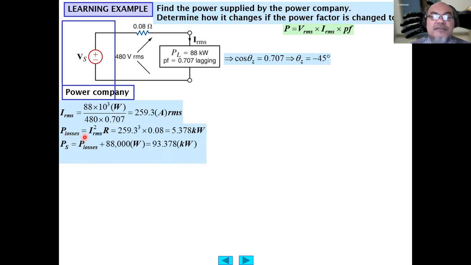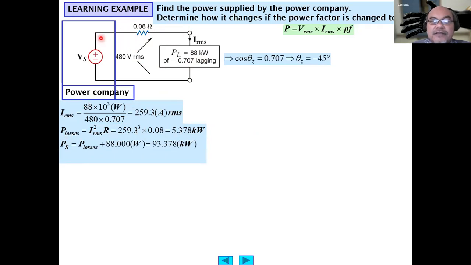So the P losses, the losses in the transmission line, equal Irms squared times resistance: 259.3 squared times 0.08 ohm, which is 5.378 kilowatt.